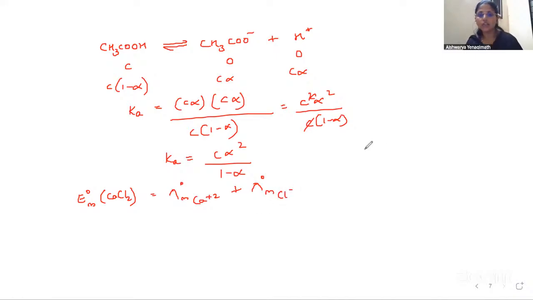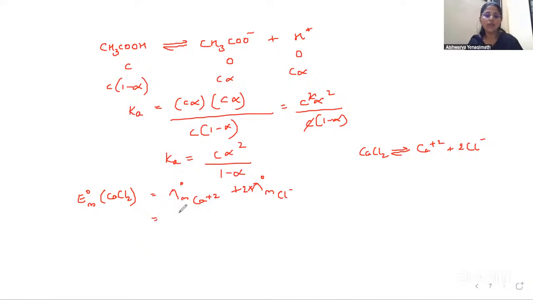Look at the reaction first. CaCl2 dissociates into Ca plus 2 and Cl minus. Balancing the reaction, I get 2 here. Therefore, I'll write 2 into lambda naught m of Cl minus: number of Cl minus ions into its limiting molar conductivity, plus number of Ca plus 2 ions into its limiting molar conductivity.